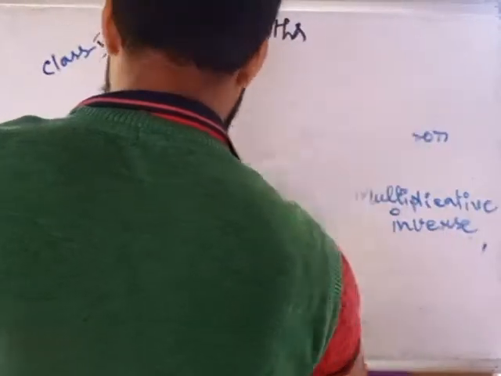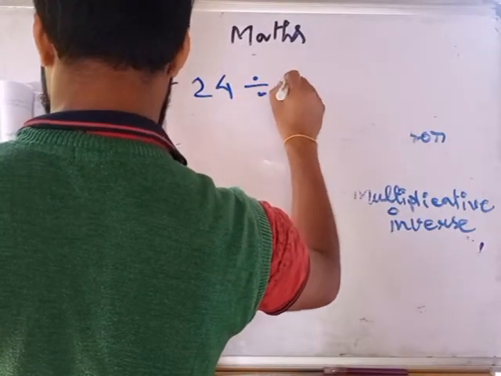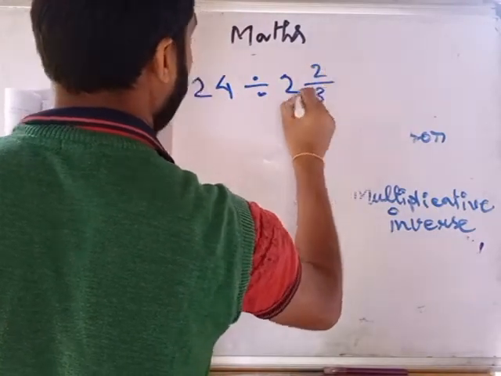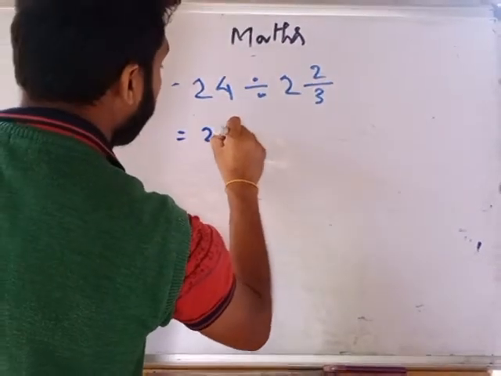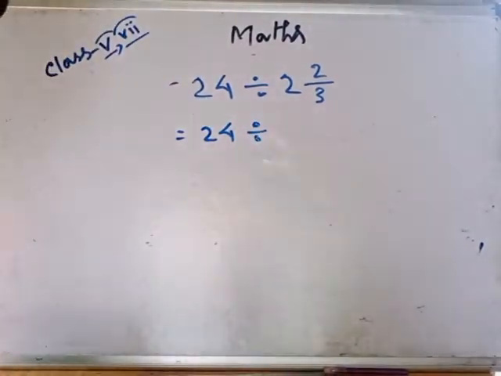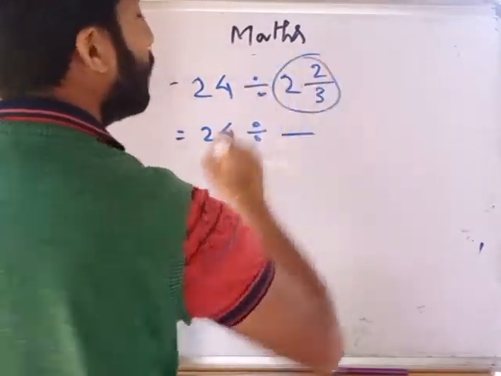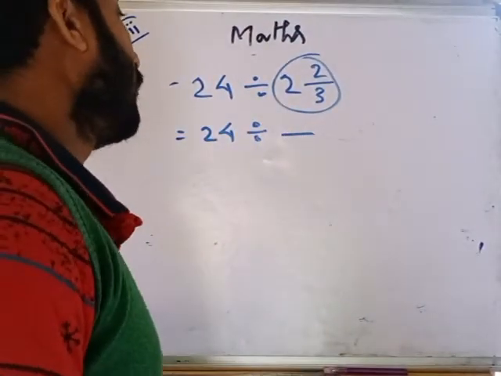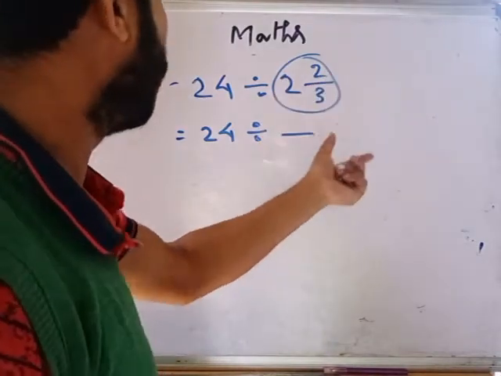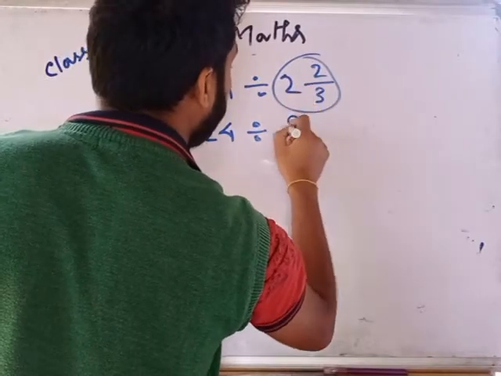So suppose it is 24 divided by something. At first we should convert it into an improper fraction. Don't change over here, but if any dividend or divisor is a mixed fraction, then we should convert it into an improper fraction. 3 times 6 plus 2, that is 8.